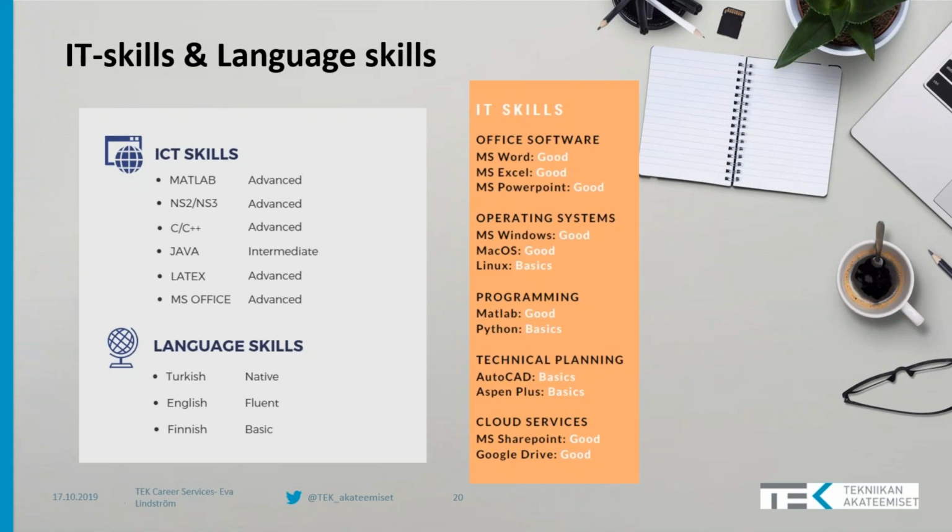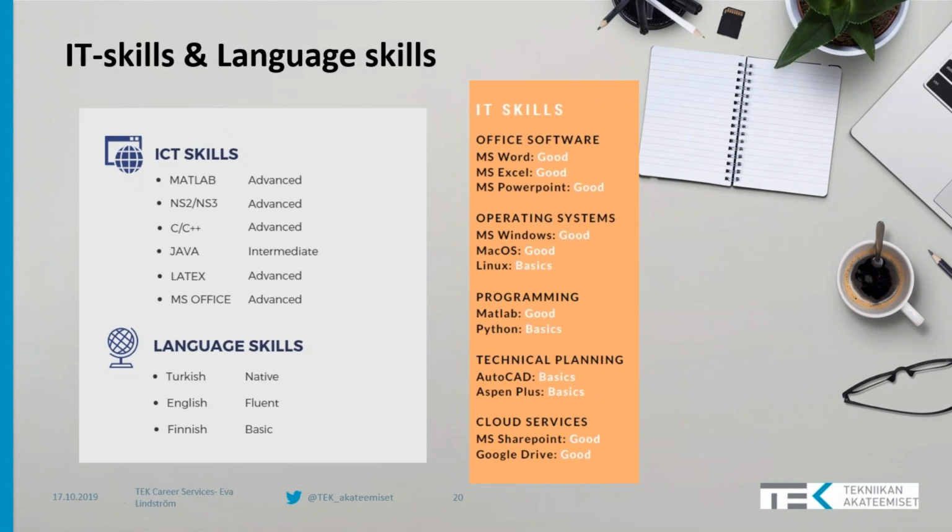Then IT skills, and here the most important thing is that it is easy to read. So it should not only be a long list of IT tools and languages. Try to group them into different subsections again, and under that, be more concrete about what actual tools are included in this subsection.